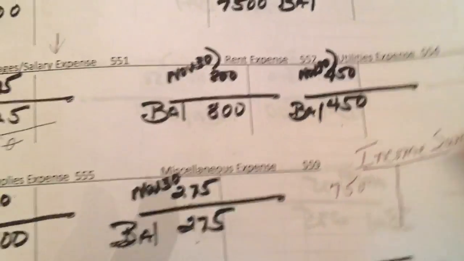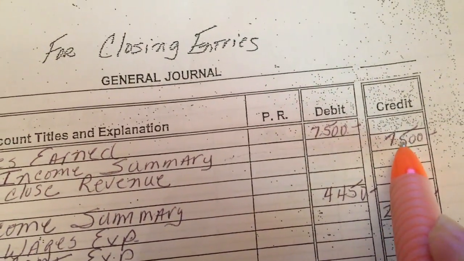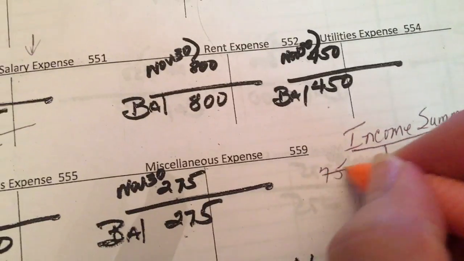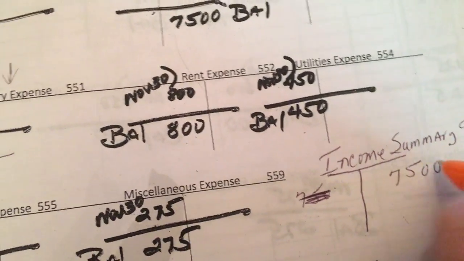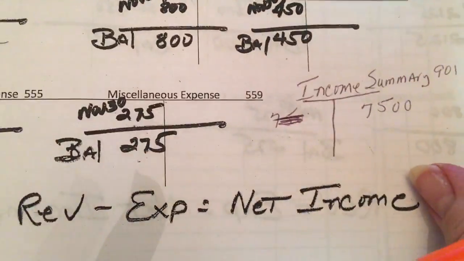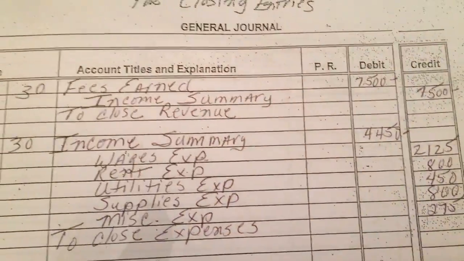Sorry. We're looking at income summary. We want to credit that $7,500. Okay, credit that. This is why we don't use pen, because look at what I'm about to do. That looks really bad. Okay, so income summary had $7,500 there, and then we just put as a debit $4,450 to it.